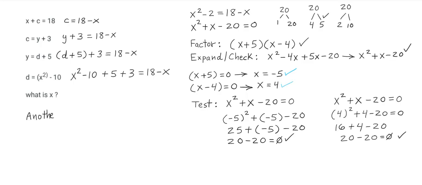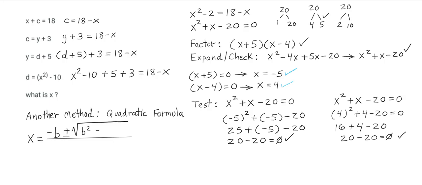So another method, if you're not into factoring, and a lot of these questions are written so they can be factored in whole integer values or multiples, is to just use the quadratic formula. So if you were to just memorize this formula and you're not interested in factoring, you could take the quadratic expression.